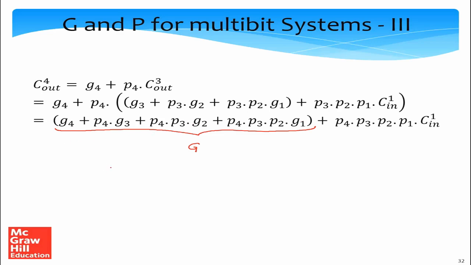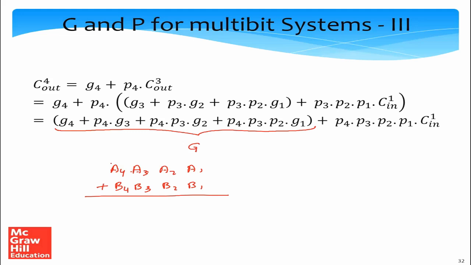So for a 4-bit block, let's assume A4, A3, A2 and A1 being added to B4, B3, B2 and B1. When will this actually generate?